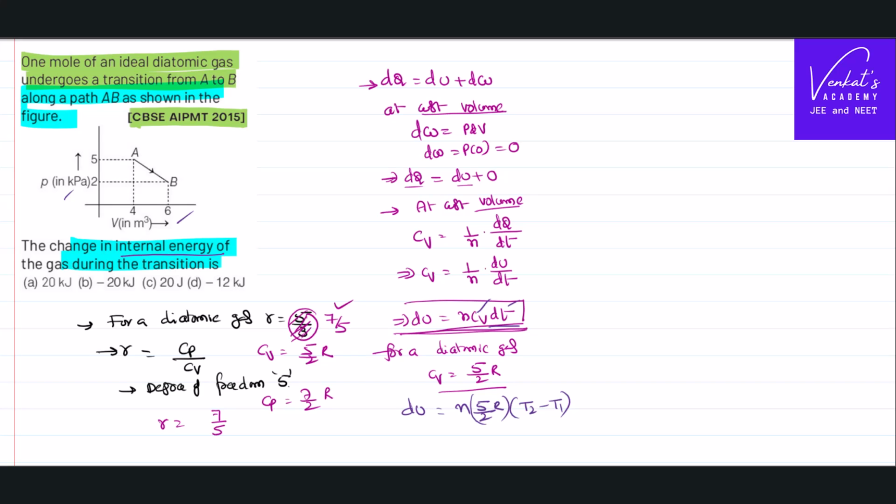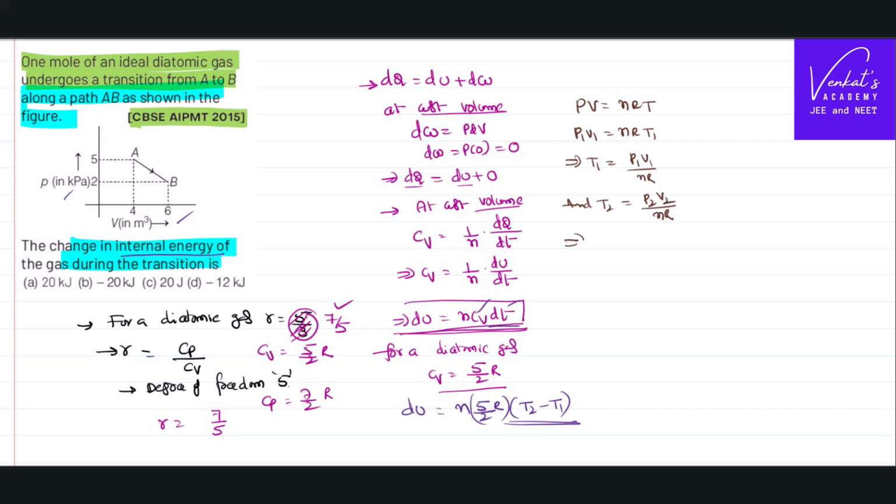So I shall convert this change in temperature in terms of pressures using the ideal gas equation. What is that? PV equal to nRT. So I can write P1 V1 equal to nR T1. That implies T1 equal to P1 V1 by nR. And similarly, T2 equal to P2 V2 by nR.